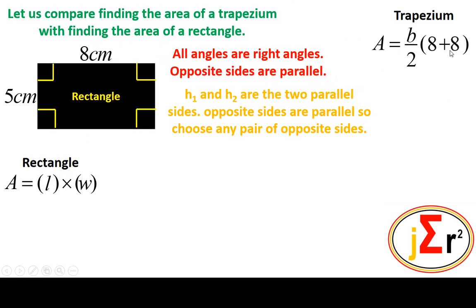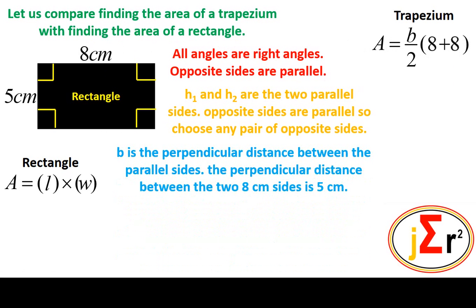Inside of the brackets, the two numbers that we have here, or the two symbols, will represent the two parallel sides. So we have chosen two of the parallel sides, and we include them right there. B is the perpendicular distance between the parallel sides.